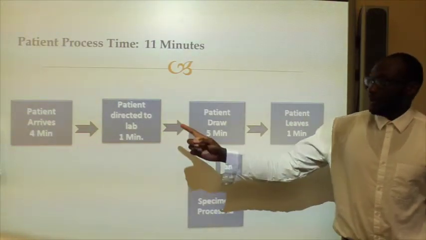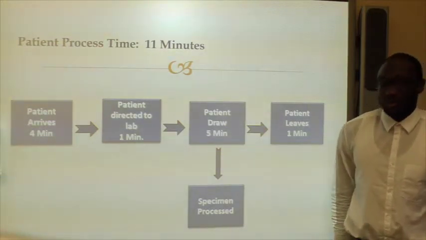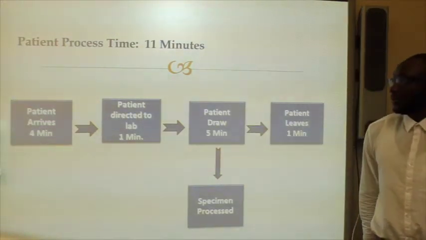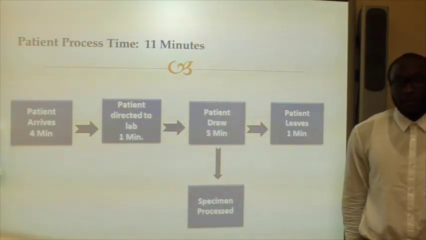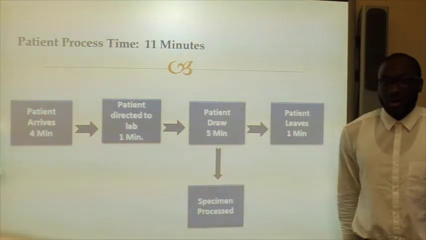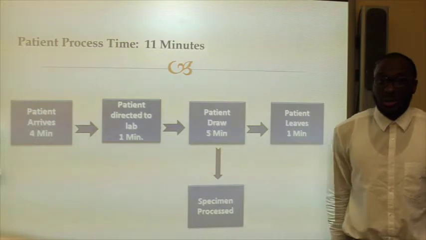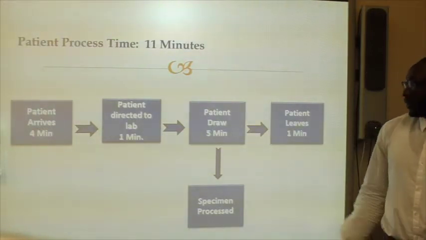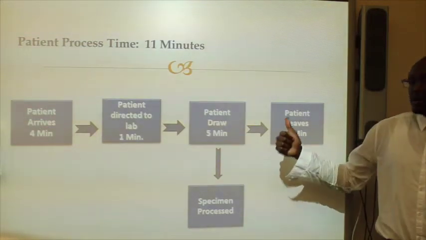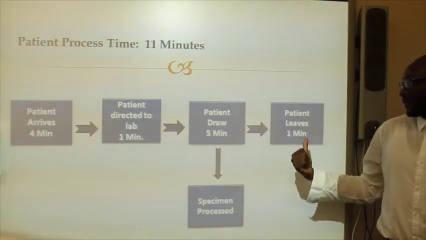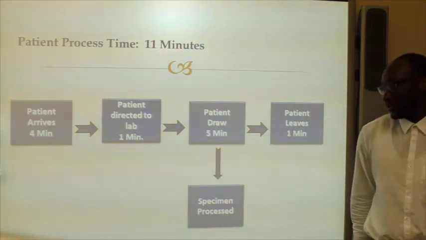Then the patient is directed to the lab, which takes 1 minute. After that, patient draw, which takes 5 minutes. Patient's birthday, patient's name, and patient's blood is drawn. Finally, there are 2 ways: either the patient leaves or the specimen is processed.